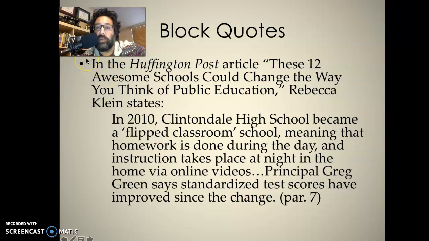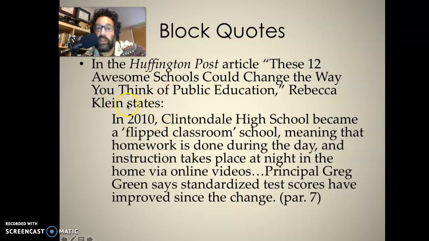Format-wise, they are a little bit different from what you would normally see. In this opening clause here, it's a clause. It's not a sentence. As you can see, it ends on the verb and a colon. There's no period here. In that phrase, we have 3 things. We have the publisher, the title, and the author's name.